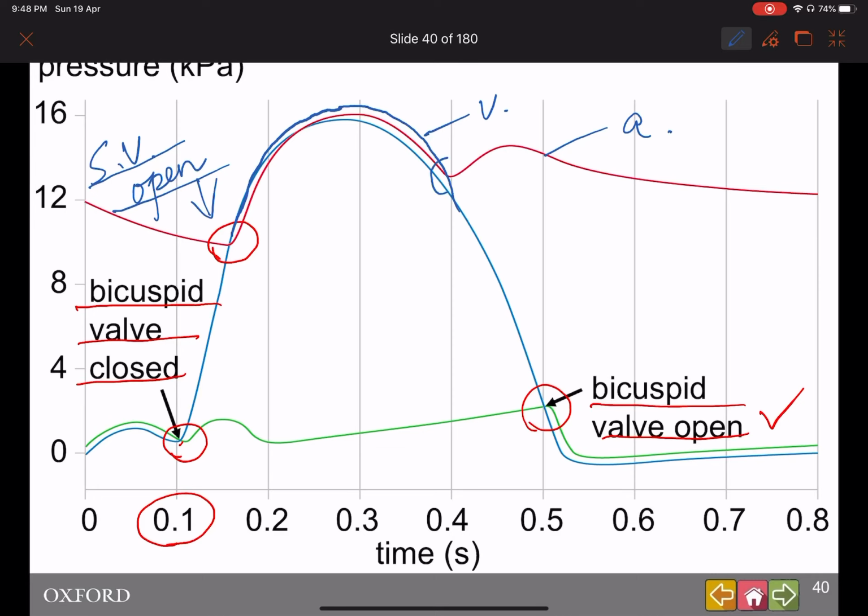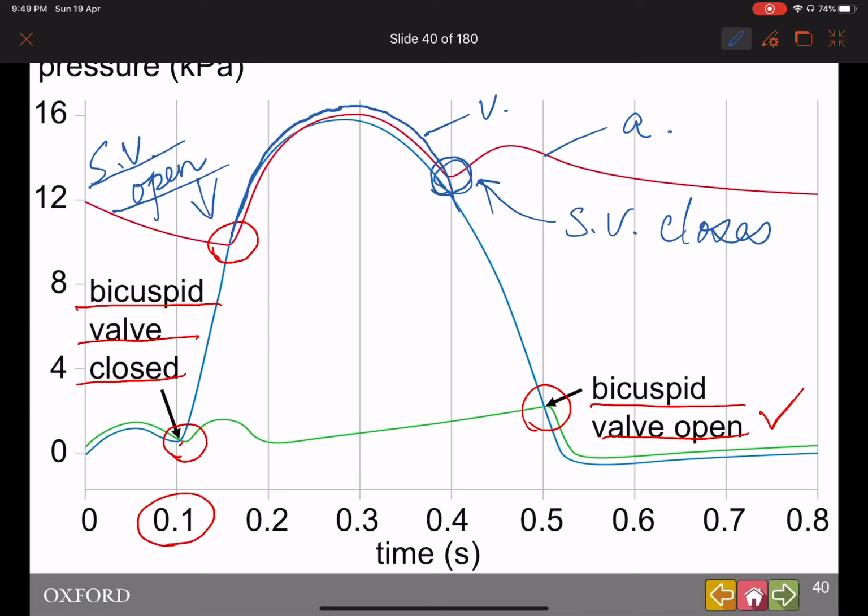What about at this point? At this point, the ventricle pressure just starts to go below the aorta pressure. That means the aorta pressure becomes higher than the ventricle pressure at this point or after this point, and this will cause the closing of the semilunar valve.